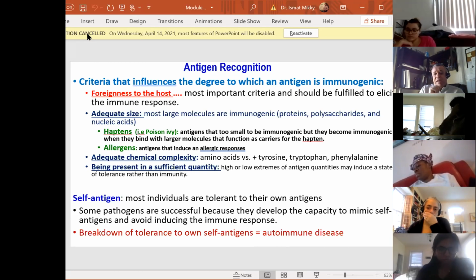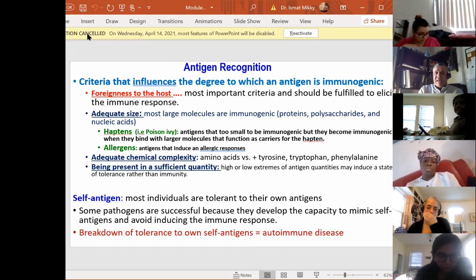Now, the self-antigen, and this is when patients develop what is called an autoimmune disease. That's when our body attacks its own cells. Why? Because our immune system recognizes our own cells as non-self. That's the basic concept in the immune system and the immune responses.